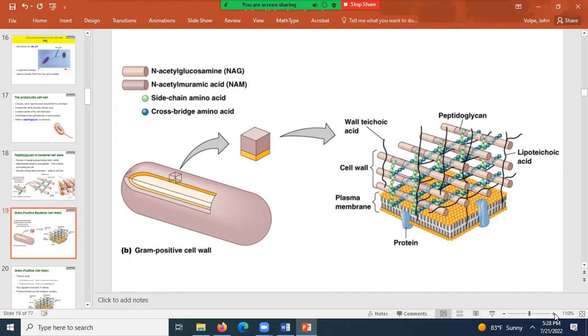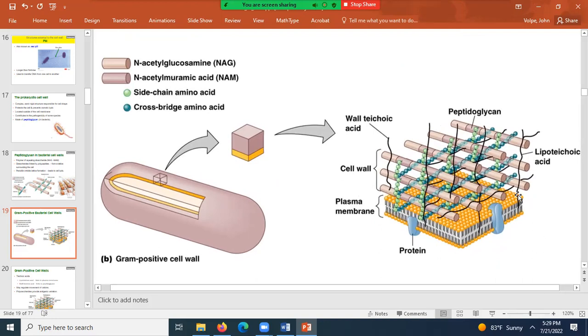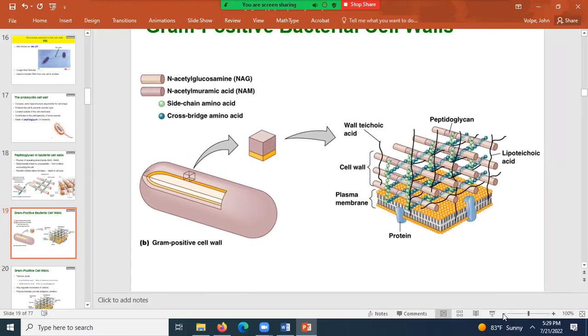Blow that up. And so this portion would be the teichoic acid portion, and it just kind of holds the peptidoglycan together. The lipoteichoic acid anchors into the cell membrane, and the lipid portion of the lipoteichoic acid is inside the cell membrane. Any question about the gram-positive cells?